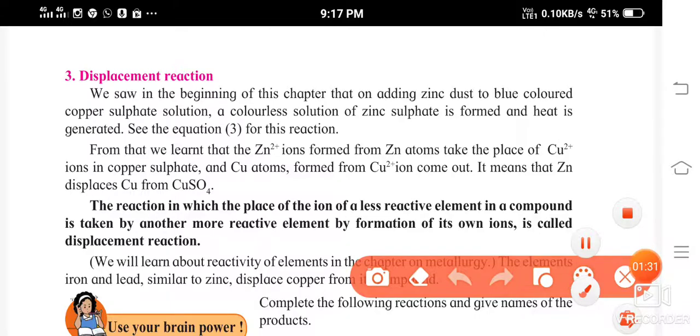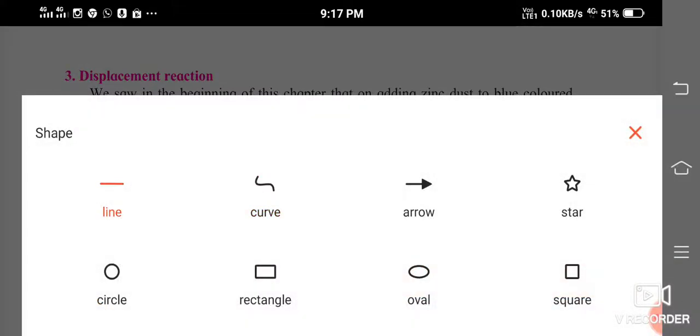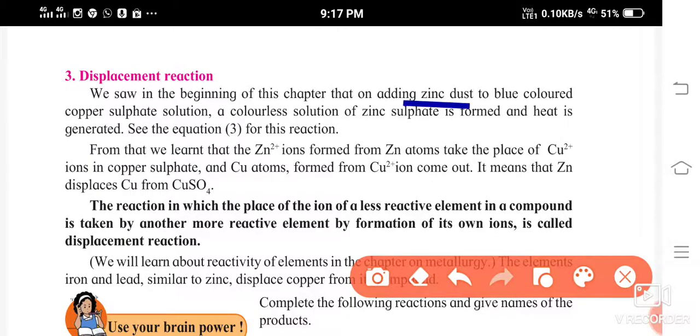See this zinc. Being more reactive than copper, it displaced copper from this copper sulfate solution. The solution became zinc sulfate.